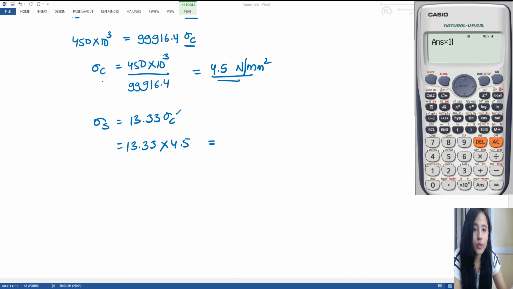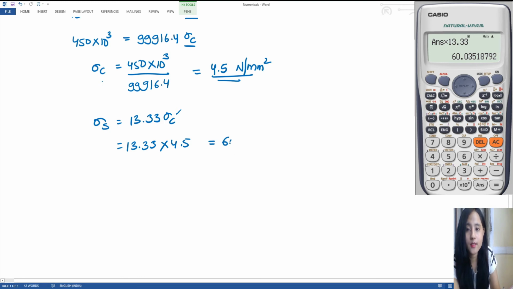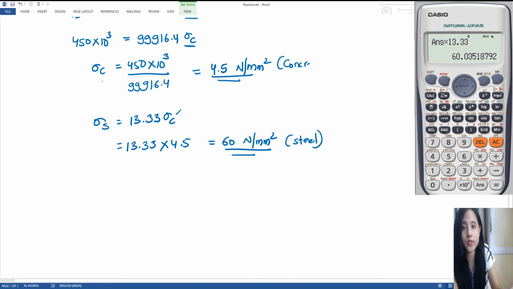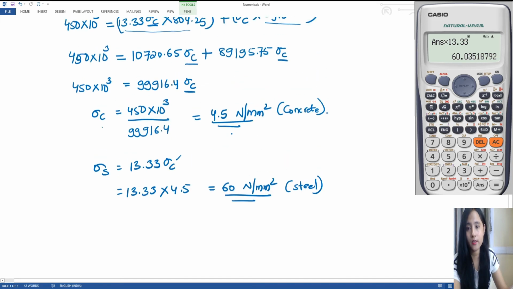So this is coming equal to 60 Newton per mm square. So this is the stress induced in steel and this is the stress induced in concrete. So I hope this numerical is clear.